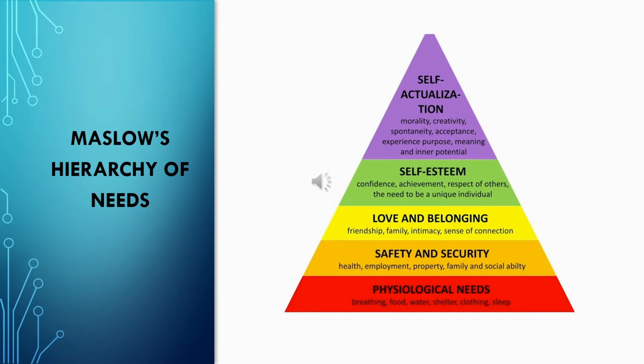And coming to the final level, level 5, that level is self-actualization needs. This is the very peak of Maslow's hierarchy of needs. What a man can be, he must be. That is called self-actualization. I repeat this statement again: what a man can be, he must be.